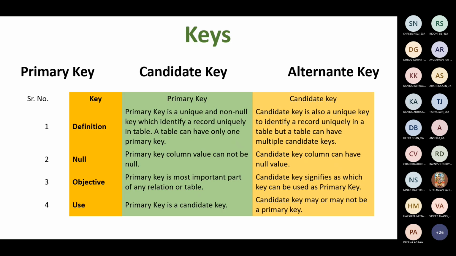Yes, it should not be a null value. A candidate key without any null value is also called a primary key. But by default, all primary keys are candidate keys. Okay, got it?